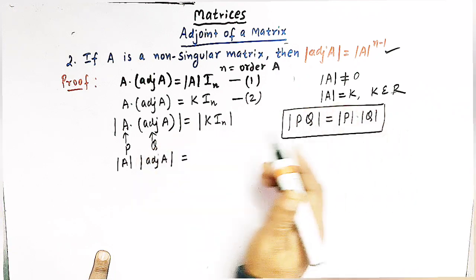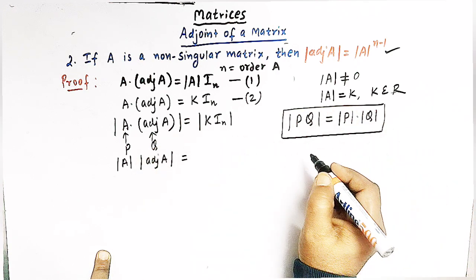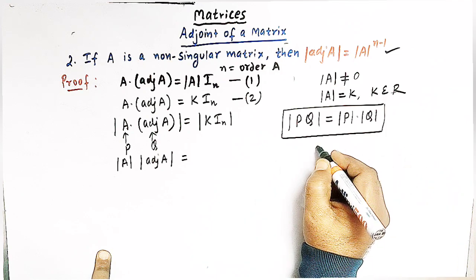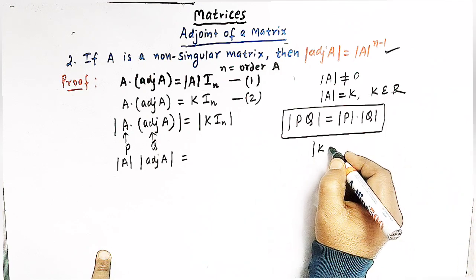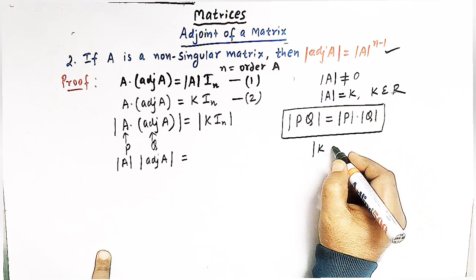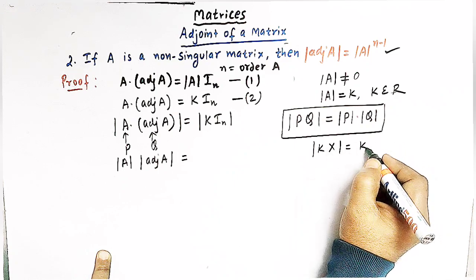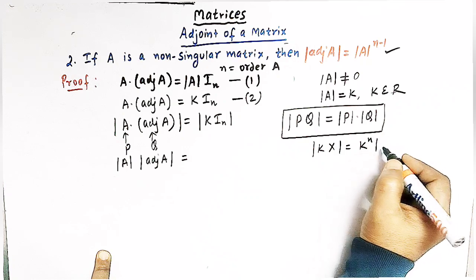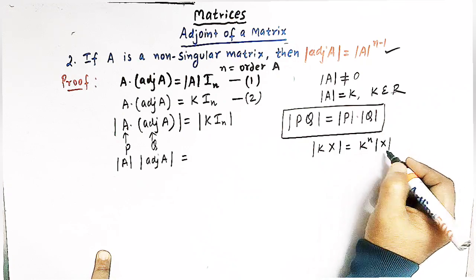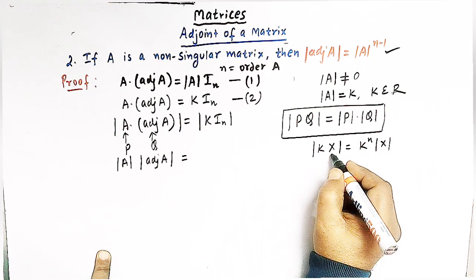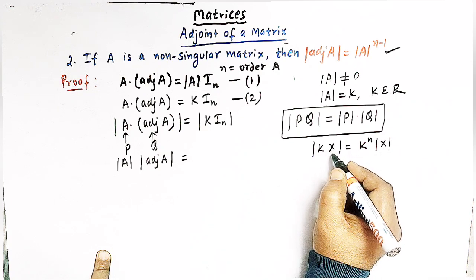To simplify the right hand side, we will again make use of another important result from determinants, that is the determinant of k times some matrix x is given by k raised to n times the determinant of matrix x, where x is some square matrix of order n.